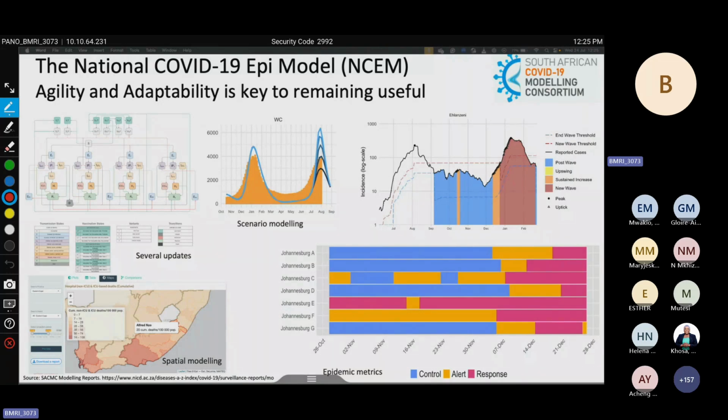So what we did was we changed tack, and this is where agility and adaptability is important. We decided that we're going to build a dashboard, another application for the country, using just metrics of analysis to understand how an epidemic is progressing, whether it's increasing in different spatial units or not.